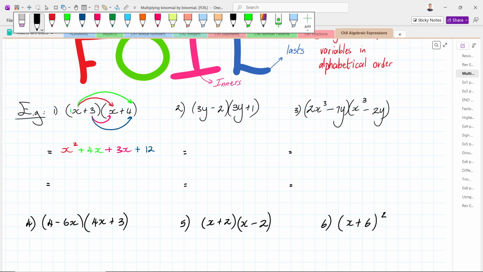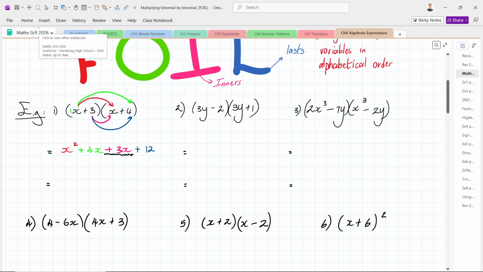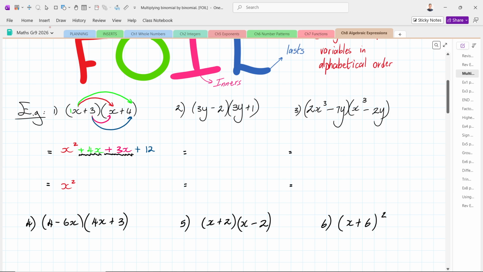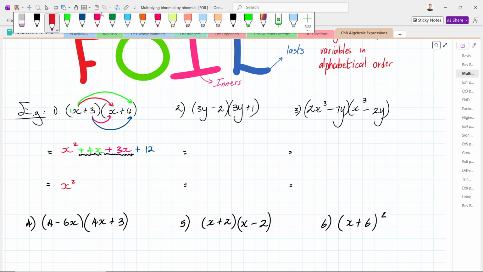And you'll start to pick up a pattern here. These ones in the middle, 9 times out of 10 will be like terms. Not always, but mostly they will be, so watch out for them. The x squared stays. Now, positive 4x plus another 3x is actually going to give me 7x.